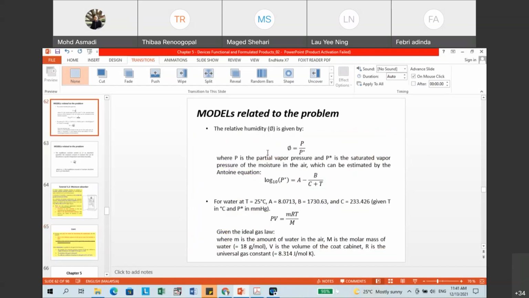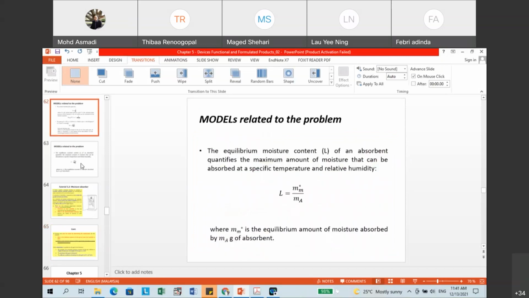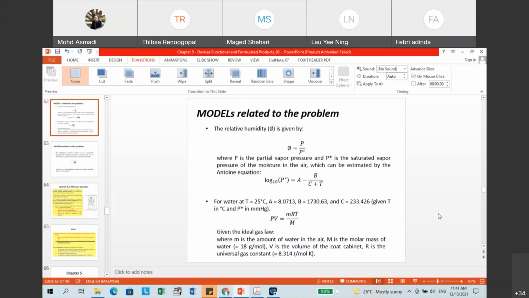This one is not complete, so we do it together. P is the partial vapor pressure, and P prime is the saturated vapor pressure. So how do we find this saturated vapor pressure? We have to calculate it using the Antoine equation.